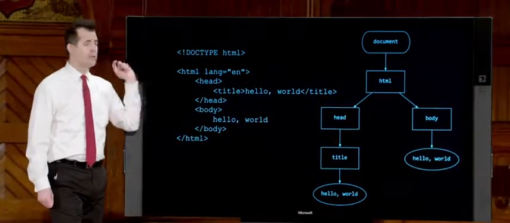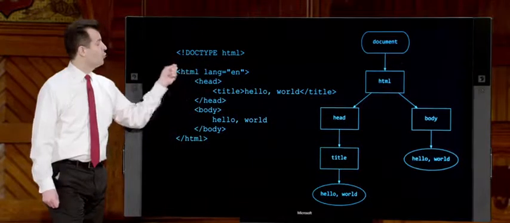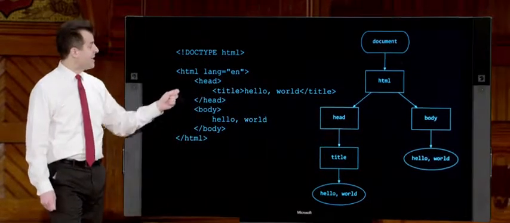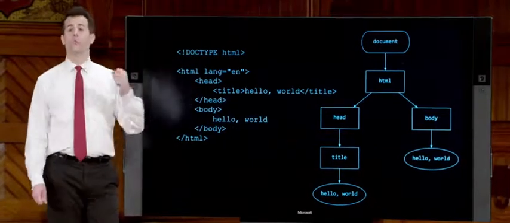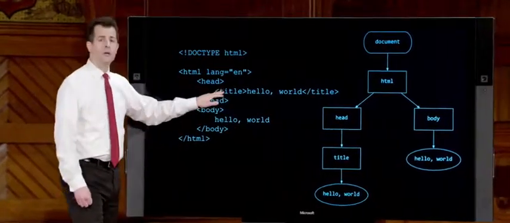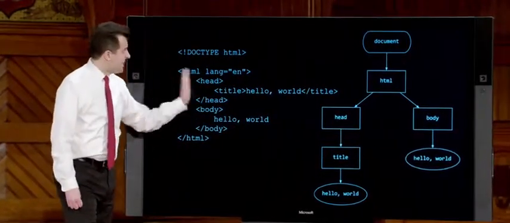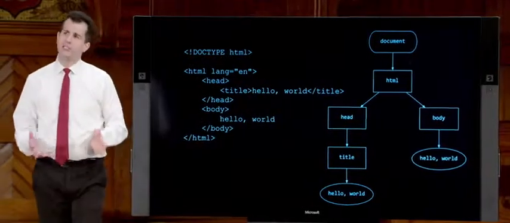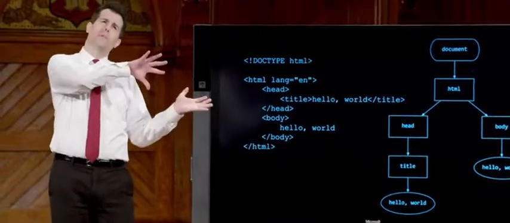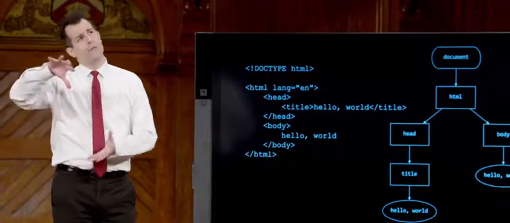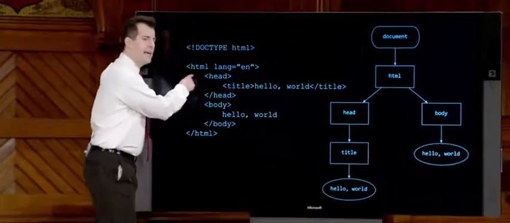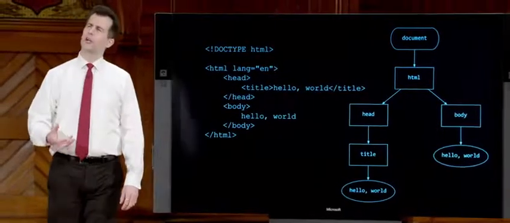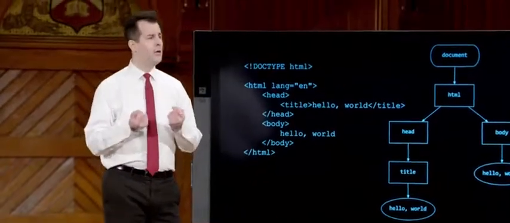Besides the doc type declaration up top, there's been this so-called root element, HTML, inside of which there's always been 2 children, head and body, inside of which there were 0 or more other children, like title. And the indentation and the nesting implies that there is some kind of hierarchy. It kind of reads from left to right. But really, if you flip that around 90 degrees, and again, think of HTML as the head, all of these other tags are kind of conceptually below it, a la a family tree.